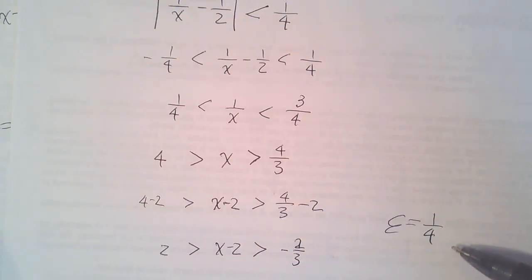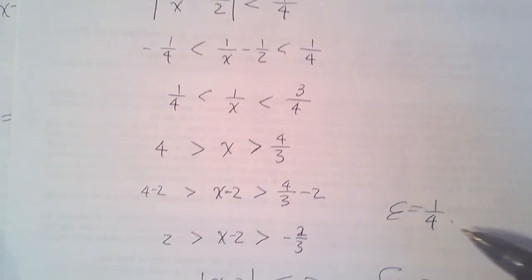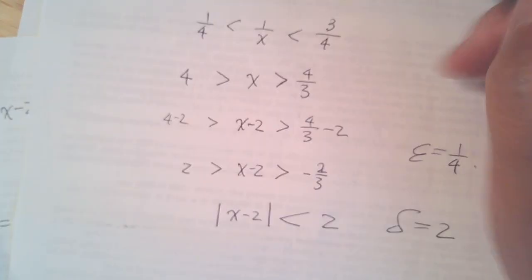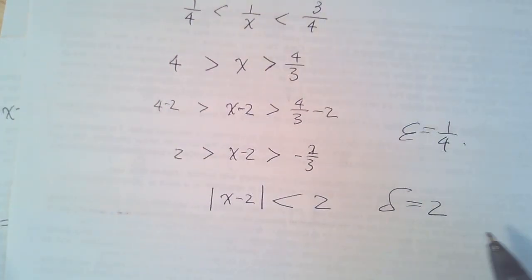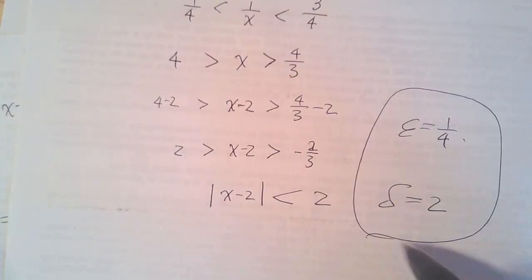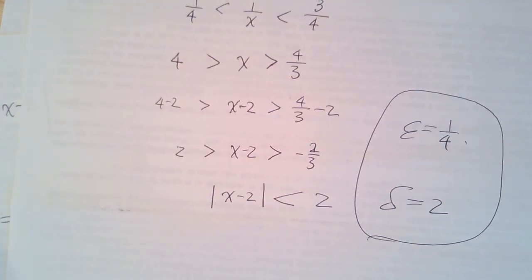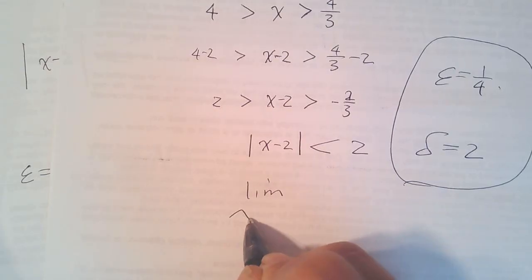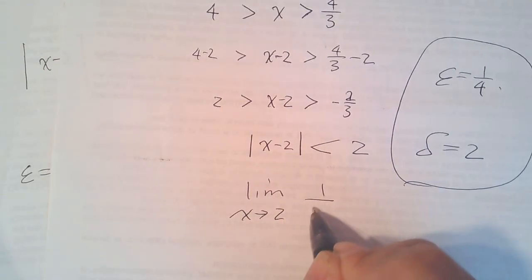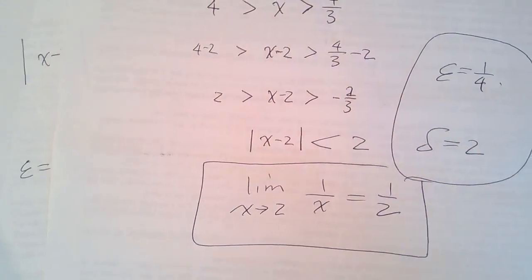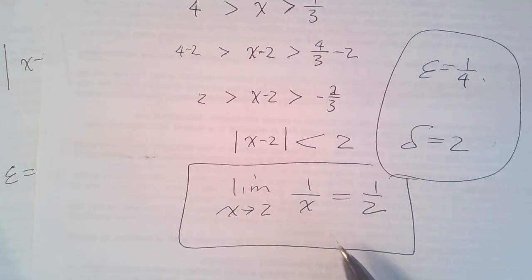If I give you an epsilon, and then you work with it, because you have a number, it's much easier, and then you can get the delta. And so by this, you're using the epsilon delta definition. You proved this limit. You proved that as x approaches 2, 1 over x becomes 1/2. So you use the definition to prove that.